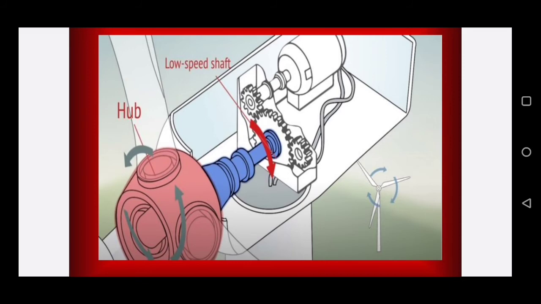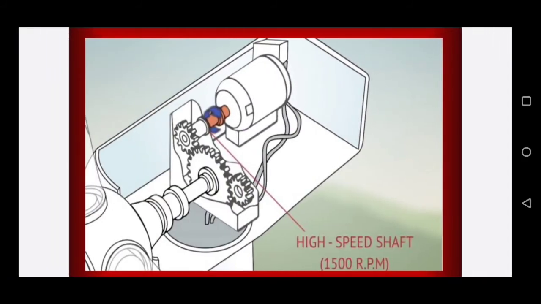So, the speed of the low speed shaft is increased by a gearbox. The gearbox rotates the high speed shaft at around 1500 rpm. The high speed shaft is connected to a generator.